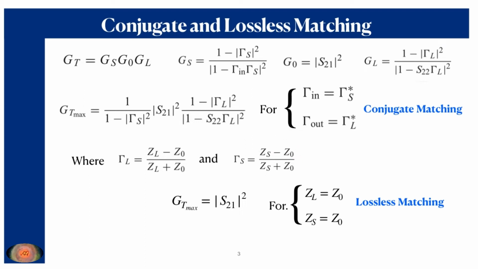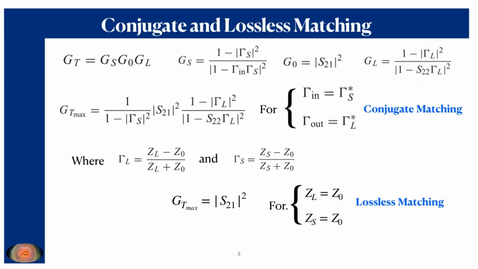Therefore, in order to achieve this lossless matching, ZL must be matched with Z0 and ZS must be matched with Z0. If you can match these two impedances, then you can completely make gamma L and gamma S 0.